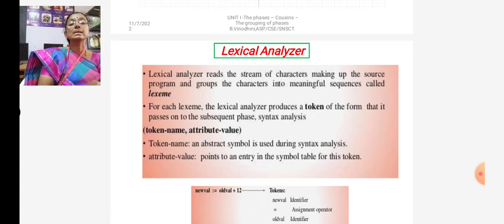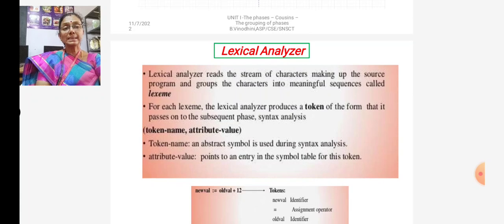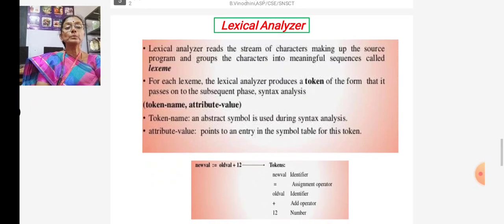The token is the pattern that can be identified from the corresponding lexeme. A pattern is a rule to describe the lexemes, that is, to describe the token. A token has a token name and an attribute value, so the output of the lexical analyzer is in the form of token name and attribute value.